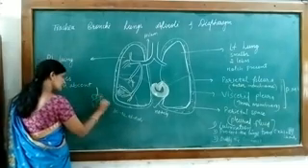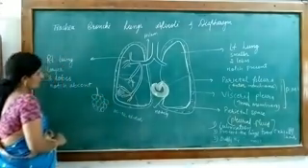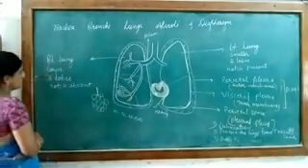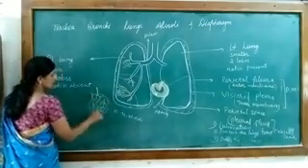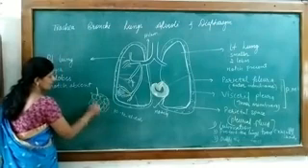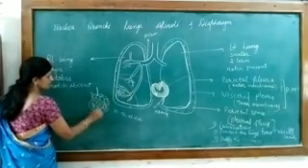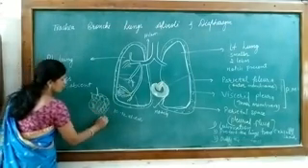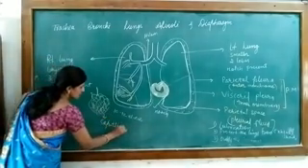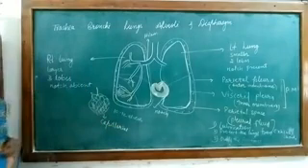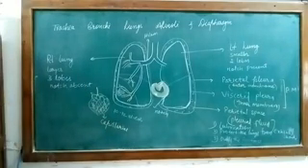Suppose this is a bunch of alveoli. Many capillaries are present, and those surround them as a network.